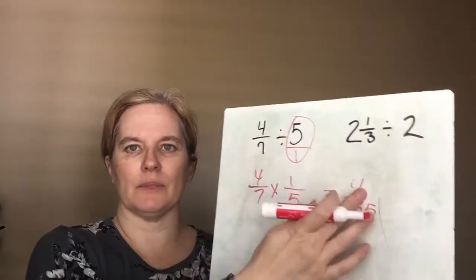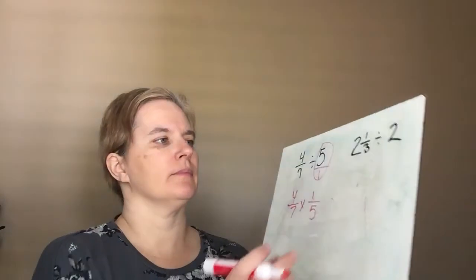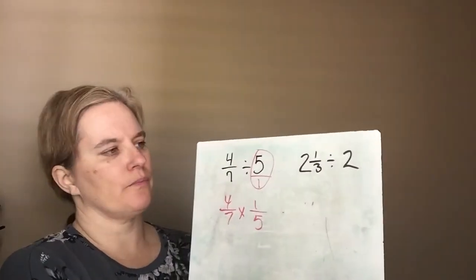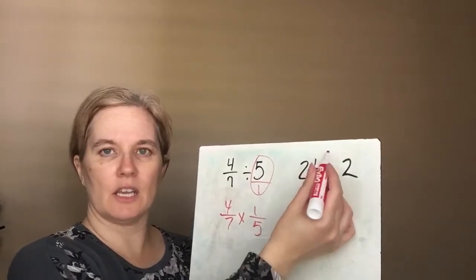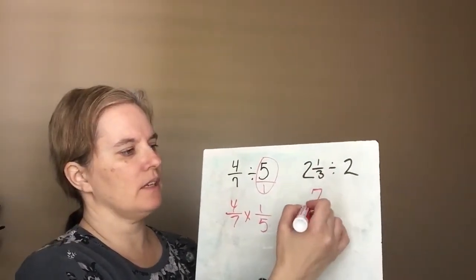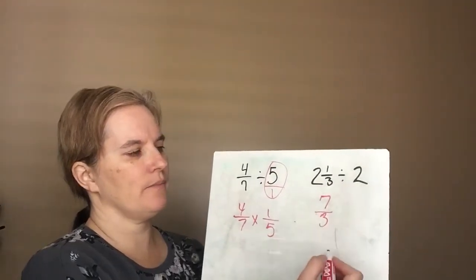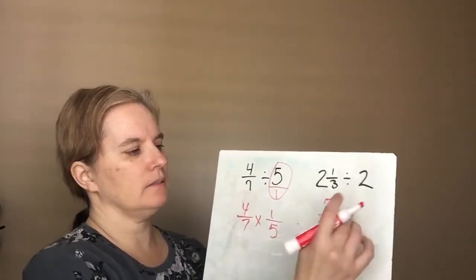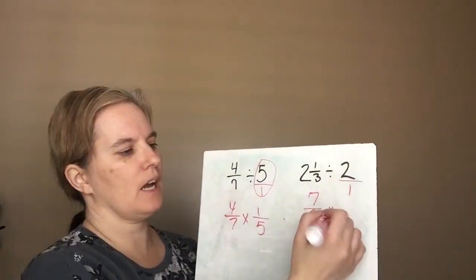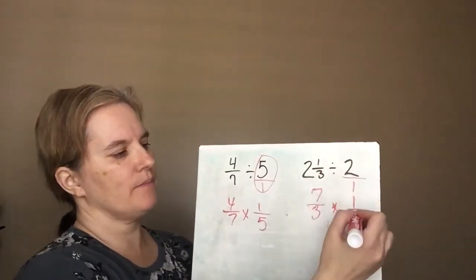Okay, let's look at this one. 2 1/3 divided by 2. So the first thing I need to do is change this to an improper fraction. 3 times 2 is 6 plus 1 is 7 over 3. Divided by, well, we're not even going to do the divided by. We're just going to go ahead and put it times, flip it.